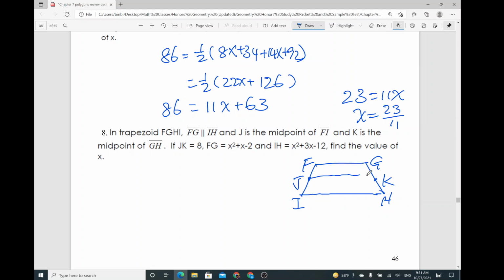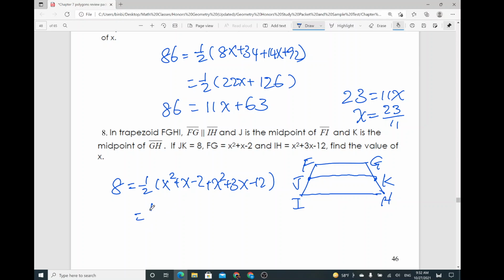JK is the midsegment. JK is 8, FG is x squared plus x minus 2, using the midsegment theorem, and then IH is x squared plus 3x minus 12. Find the value of x.